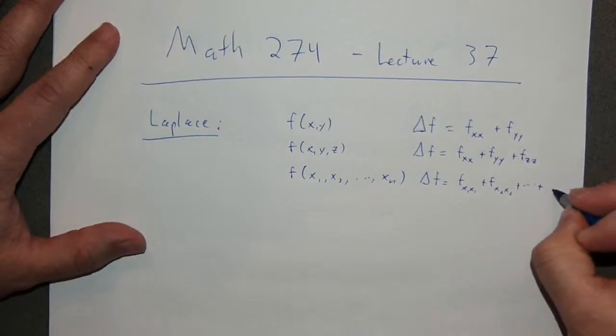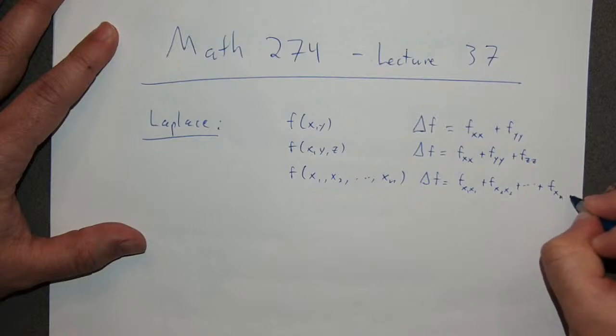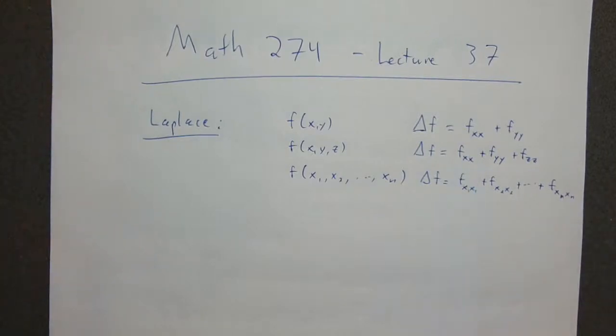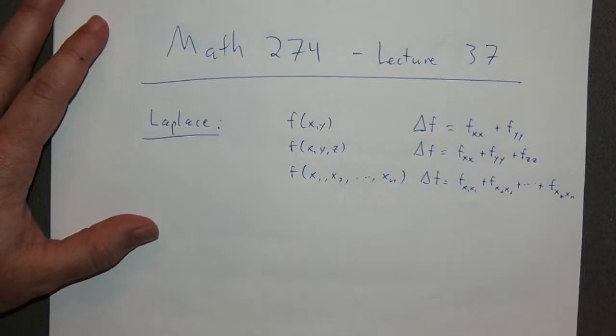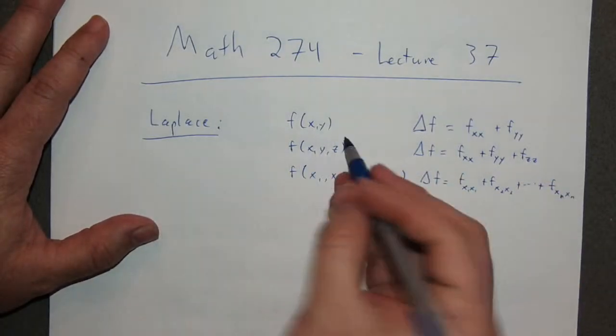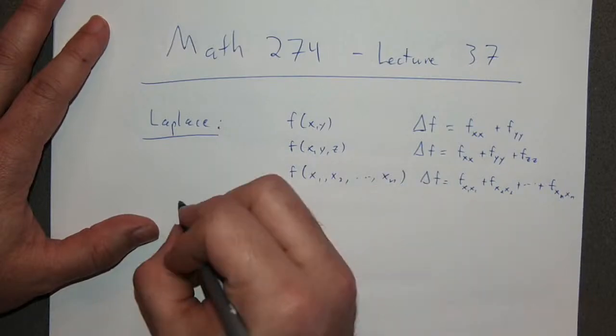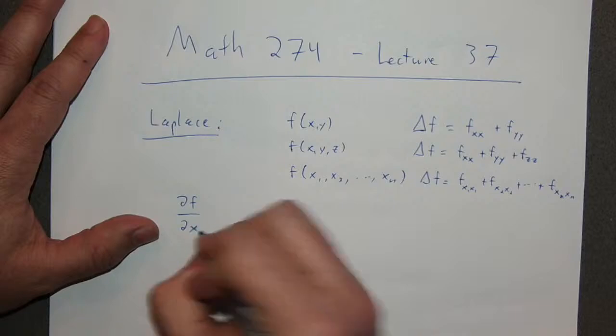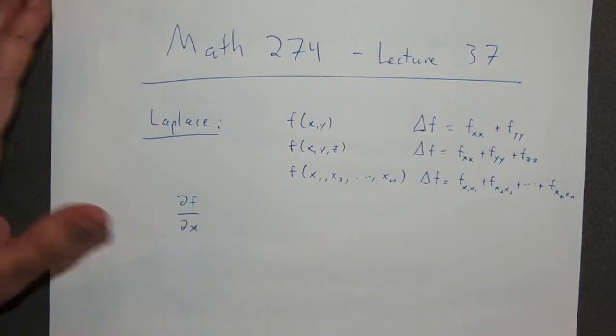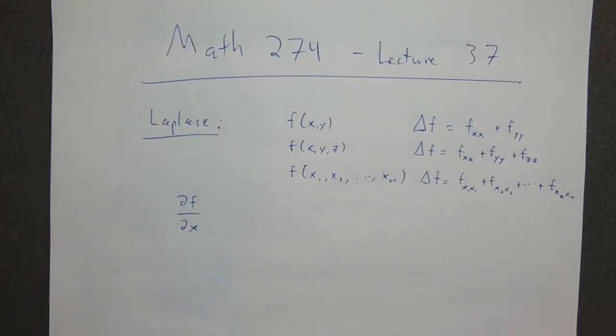I'm using this notation here, in case you've never seen this notation of using subscripts to denote derivatives. If I have a function of multiple variables, the partial derivative of that function, say with respect to x, can be written like this. This is adapting Leibniz's notation to partial derivatives.